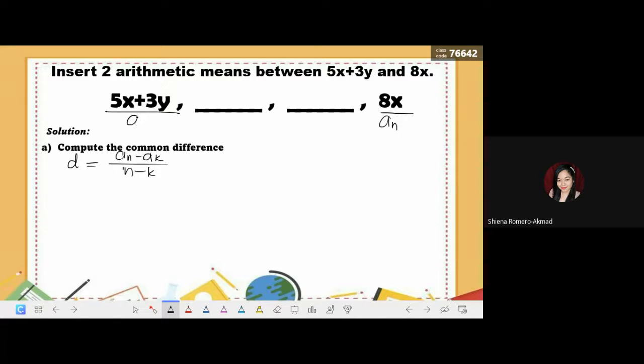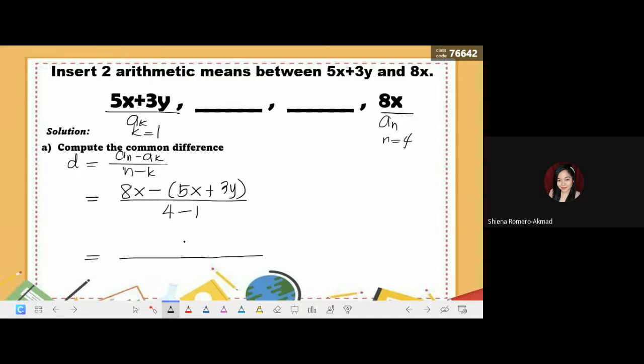At yung E sub k natin is yung 5x plus 3y. Okay? Explain ko sa inyo paano nagawa yung solution. So, A sub n is 8x minus A sub k, itong buo na to. Parenthesis natin siya, 5x plus 3y. Divided by n minus k. N here is 1, 2, 3, 4. And k is 1. So that's 4 minus 1.